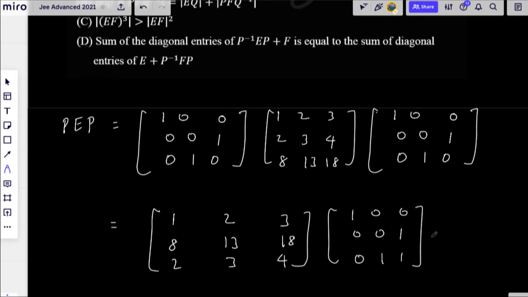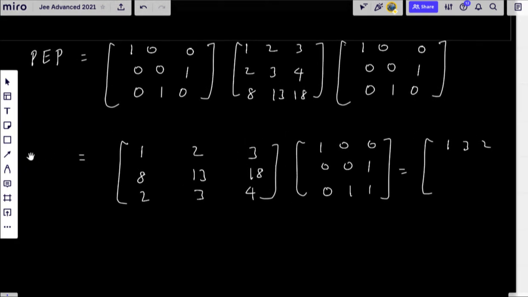So as we have seen over here, what we got is 1, 3, 2, right? After multiplication, we write 1, 3, 2.